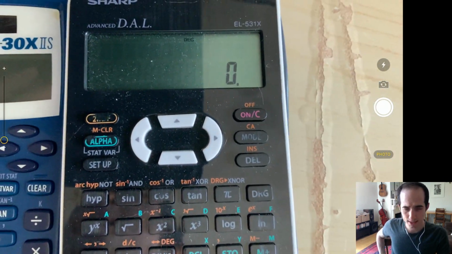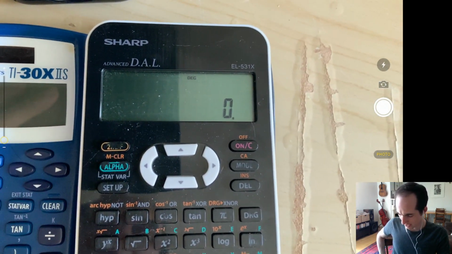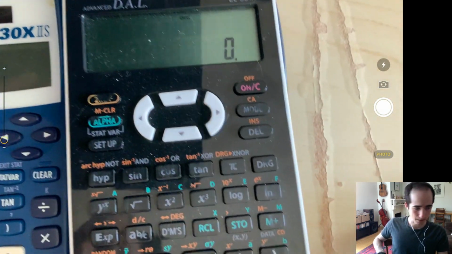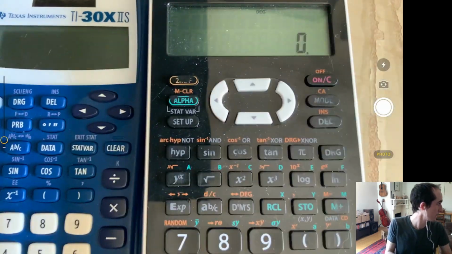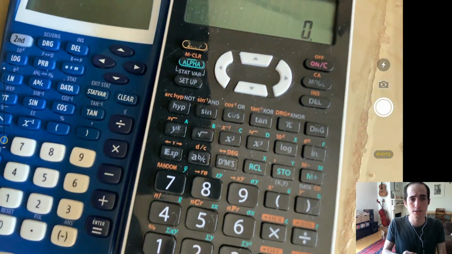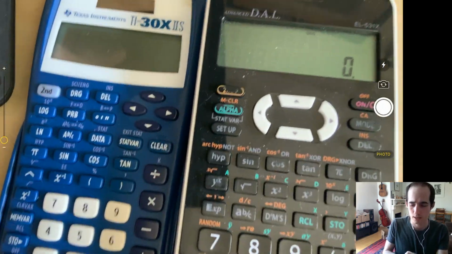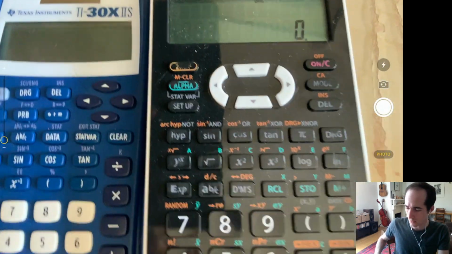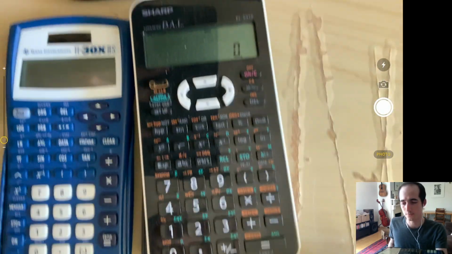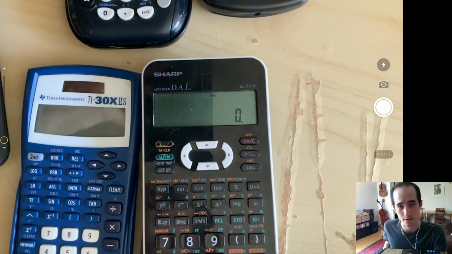Now, like I said, you could try to find that button on your calculator, and if you can, all the power to you. But because I deal with many calculators, and I don't have just one, I'm usually just using the calculator that's in front of me, and sometimes it's mine, sometimes it's not, and even if it is mine, I own about 12 calculators, and I haven't memorized all of their layouts.